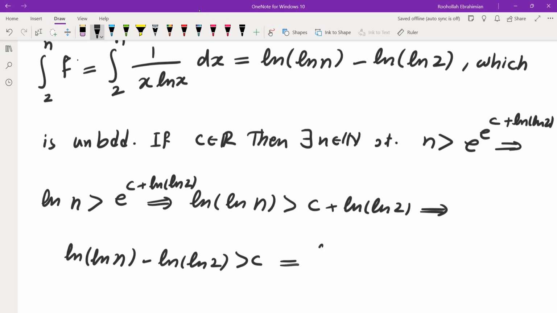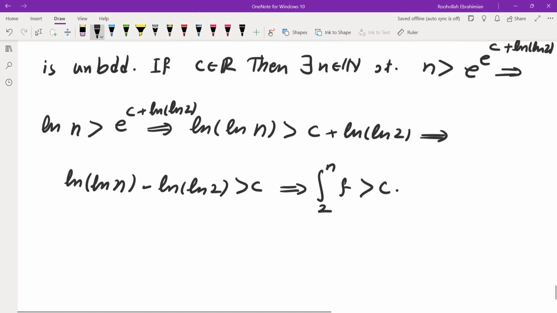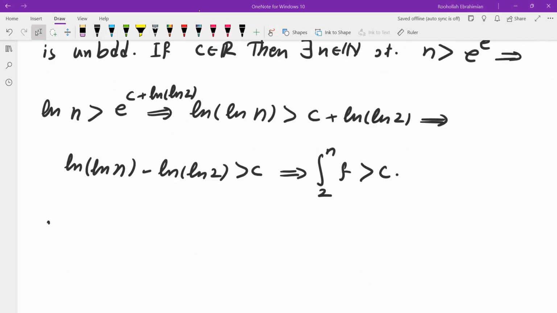So the integral from 2 to n of f is more than c. Because of that, the sequence of integrals is unbounded. Thus, the series sum of 1 over n natural log n, n equals 2 to infinity, diverges.